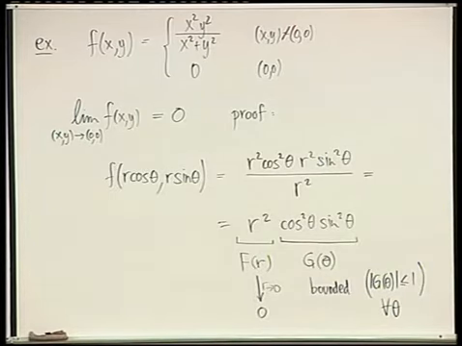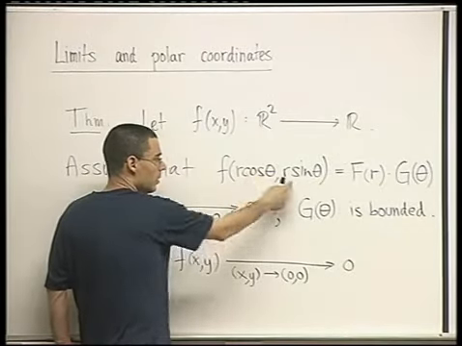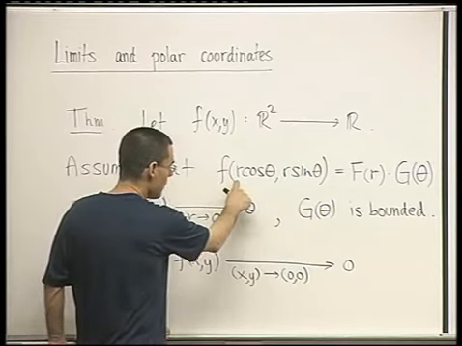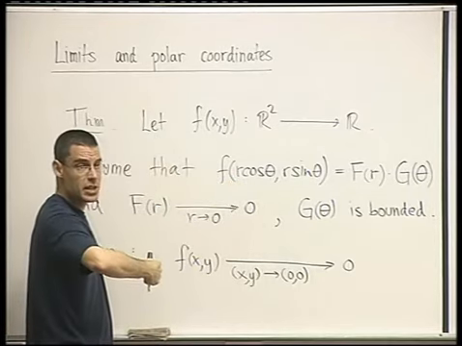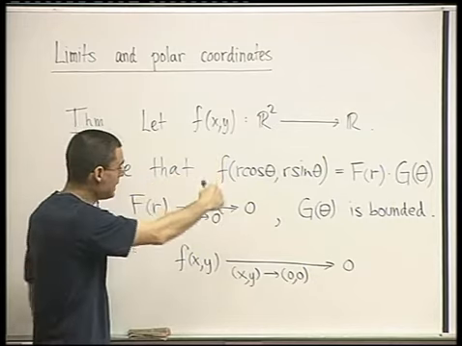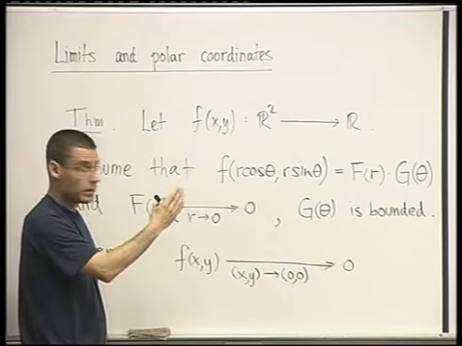So what's going on here when we change to polar coordinates? What are we actually doing? So r, remember, measures the distance from the origin to the point, right? That's r. And theta measures the angle. Do you agree? Okay.